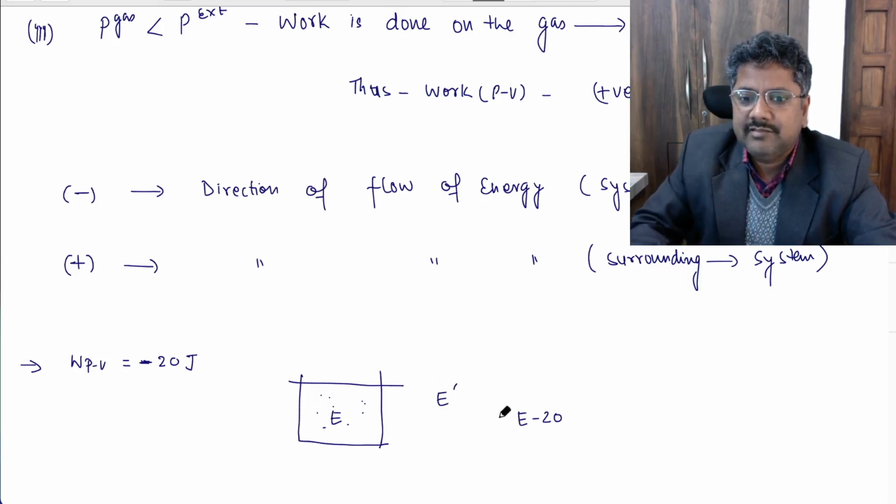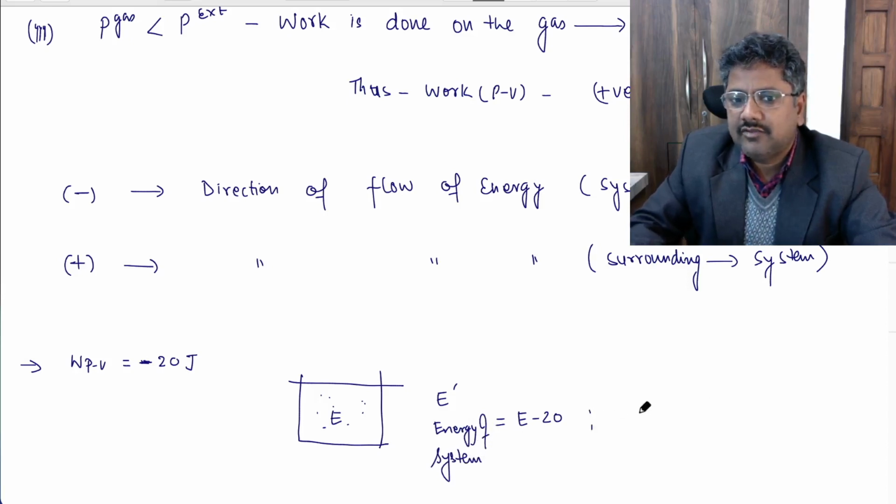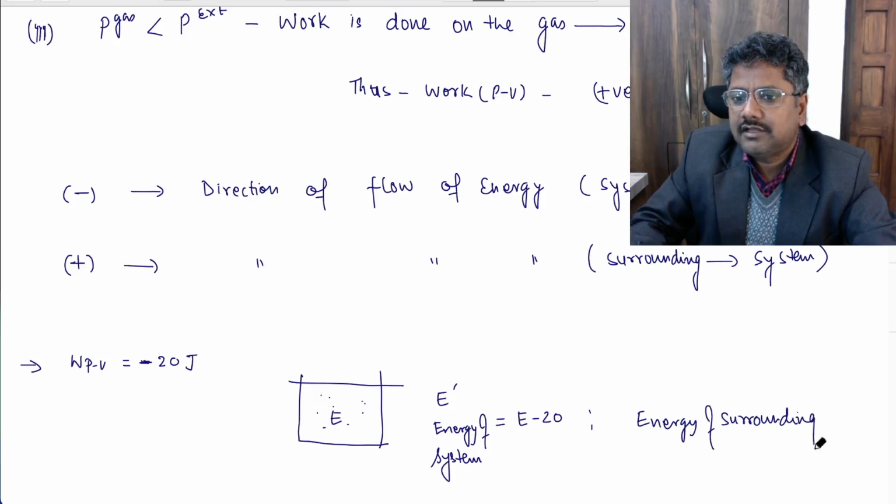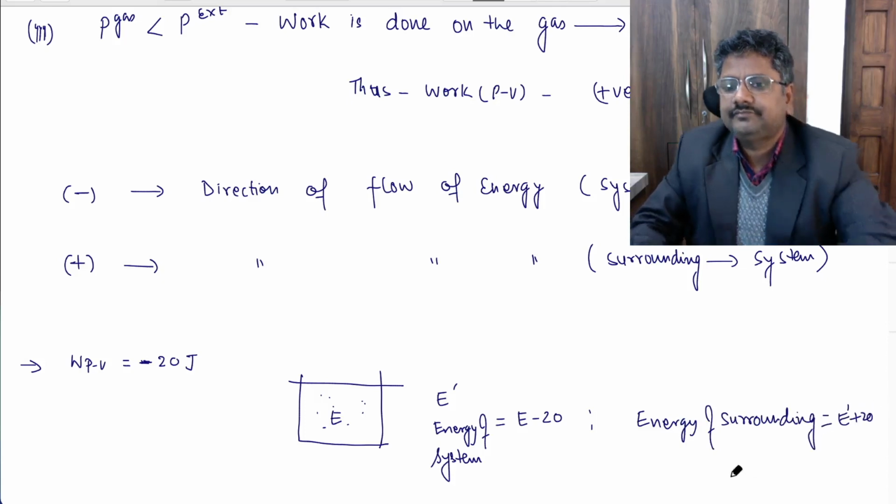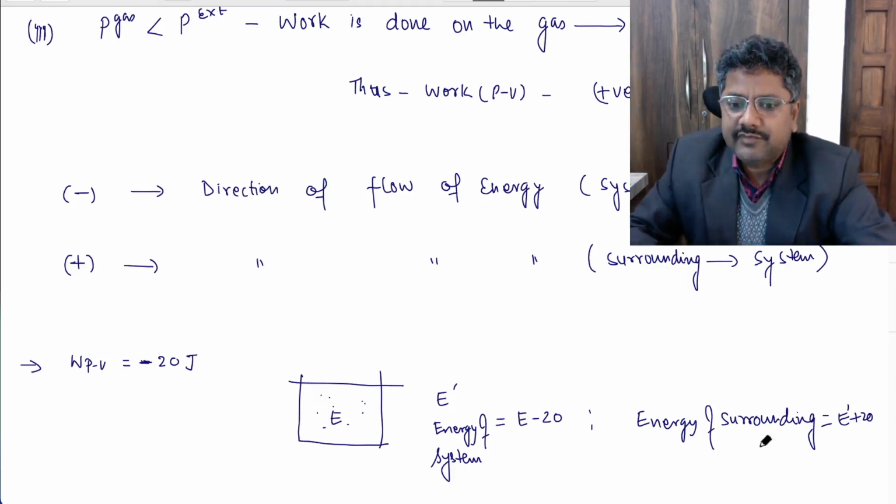So E minus 20 is the energy of the system. And what is the energy of surrounding? The energy of surrounding is equal to E dash plus 20.